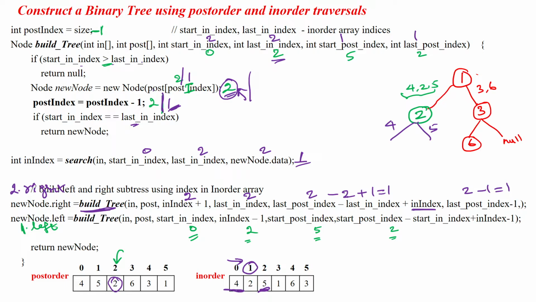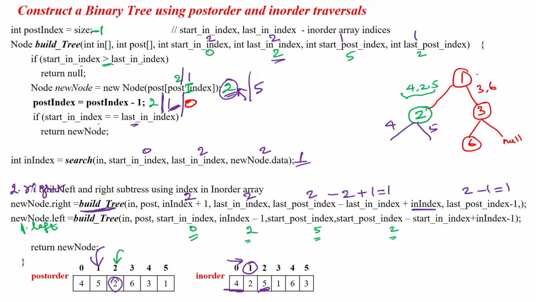That new node is post of 1. The post of 1 is pointing to the value 5. So that new node is created now. Then the post order index is decremented by 1, so we get 1 minus 1, which is 0.